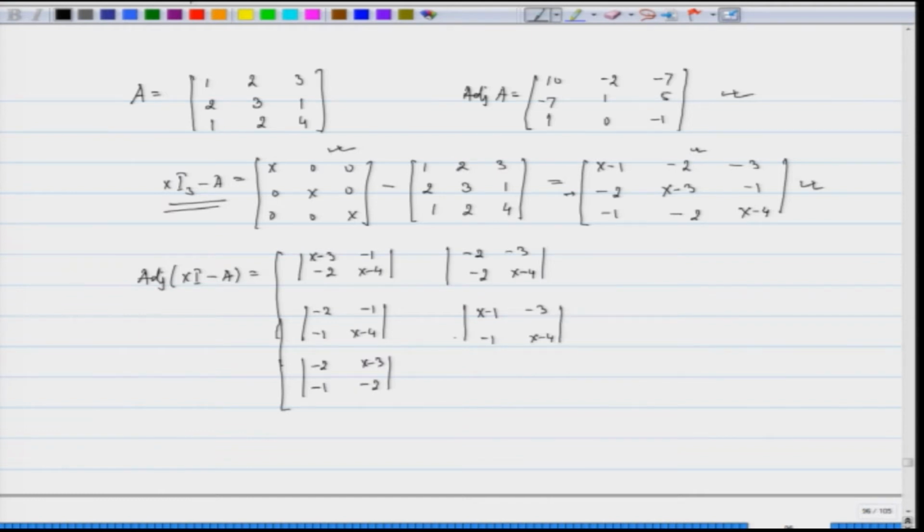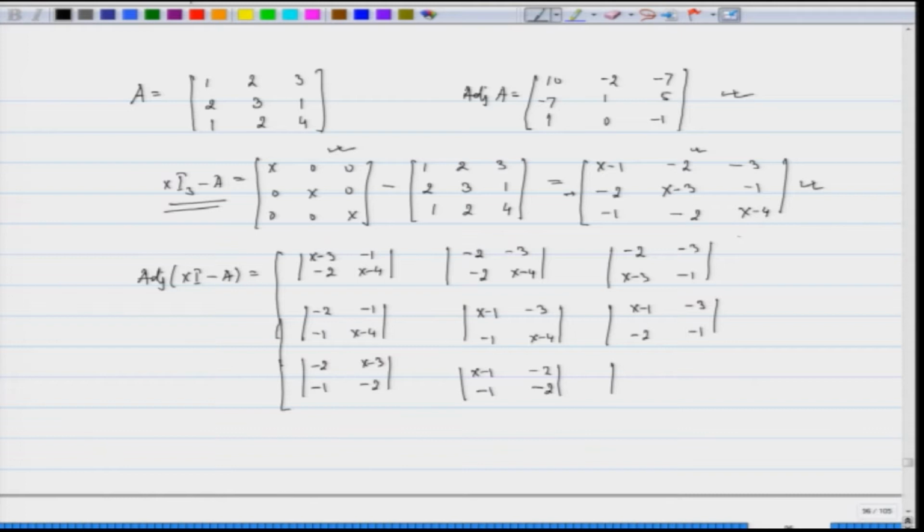I hope I am not making a mistake. This into this, so x minus 1, minus 2, minus 1, minus 2. When I do the calculation, I will know the mistakes. Remove this, so it is minus 2, minus 3, x minus 3, minus 1. Then this and this, so it is x minus 1, minus 3, minus 2, minus 1.